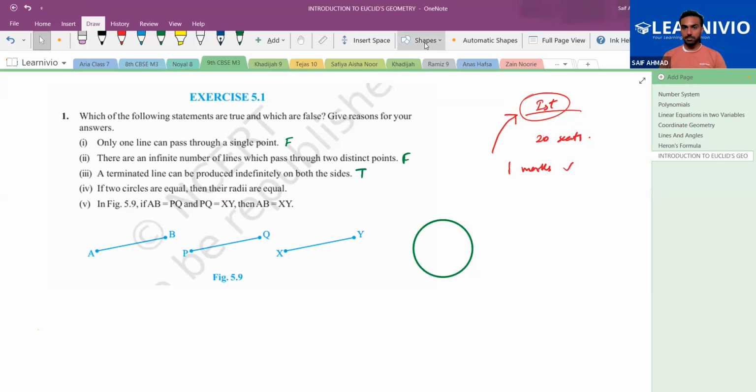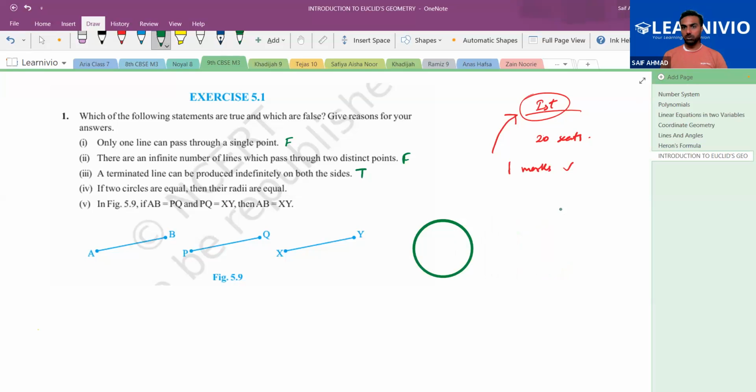See here. This is a circle, and this is also a circle. If we superimpose one circle on the other, these are two circles, and I superimpose one on the other.